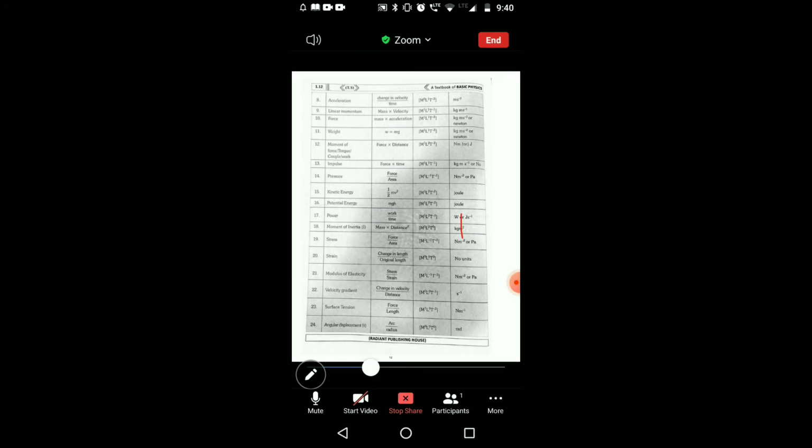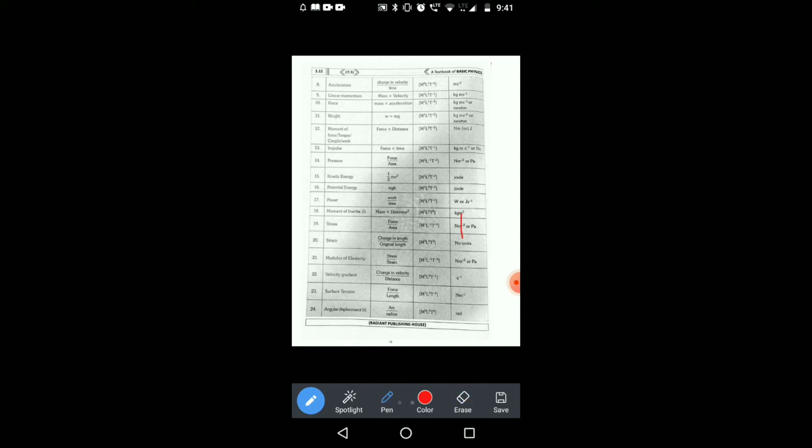I am going to write the dimensional formula of the first one, kinetic energy.